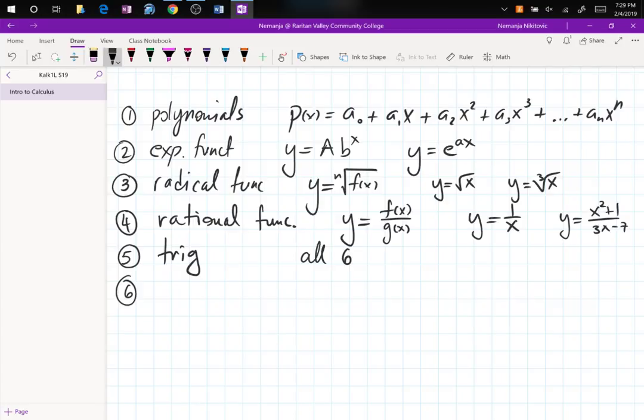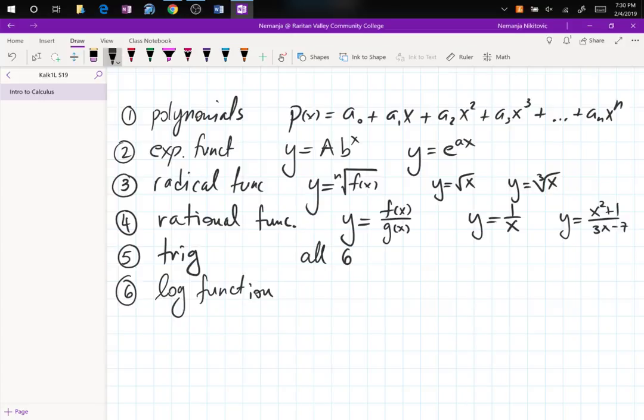Logarithmic function. The coolest and the most powerful differentiation technique will ask you to use logarithmic differentiation. By far the coolest thing in, I think, all Calc 1.